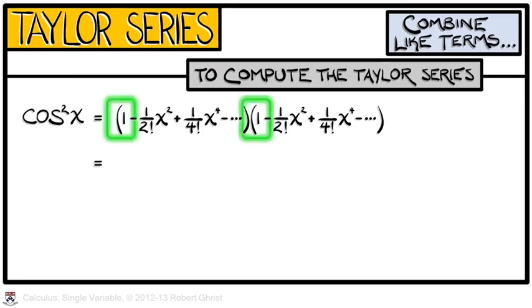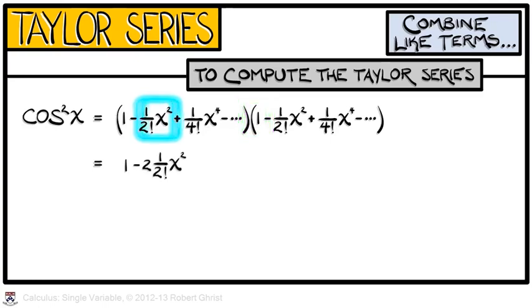The lowest order term is equal to 1, that is 1 times 1. The next order term consists of 1 times negative x squared over 2 factorial plus negative x squared over 2 factorial times 1. The next order terms are of fourth order and consist of x squared over 2 factorial quantity squared.